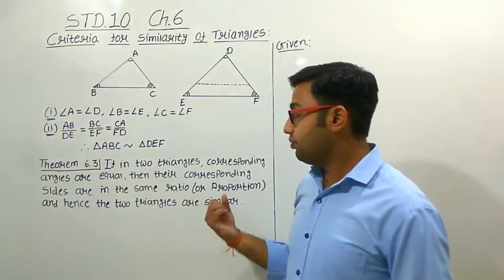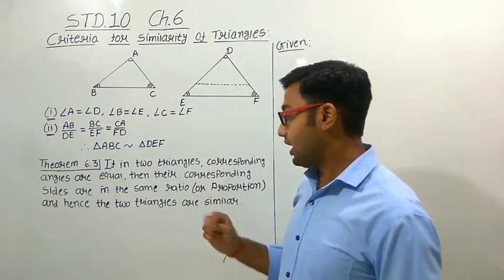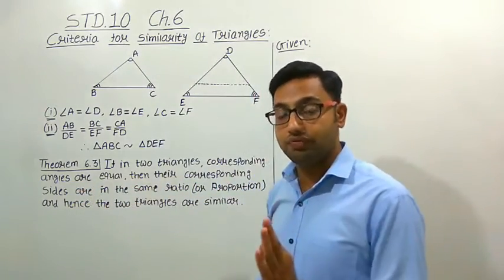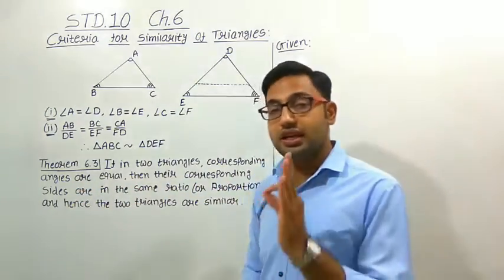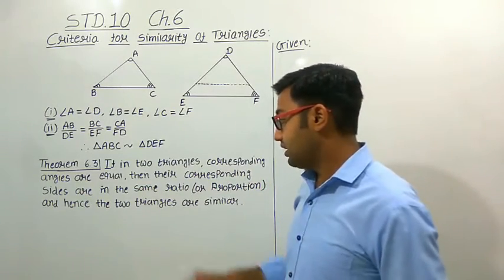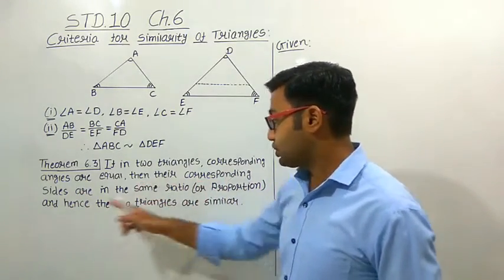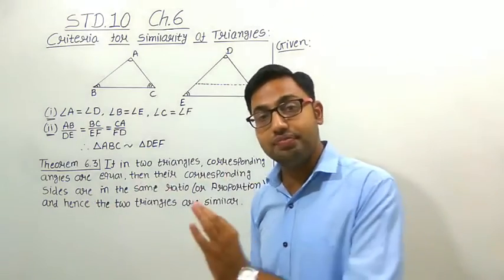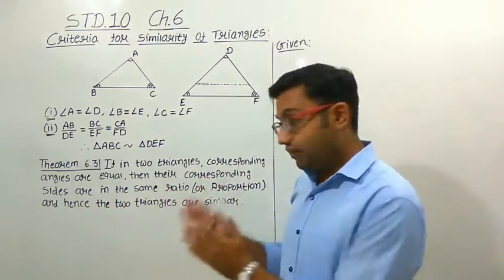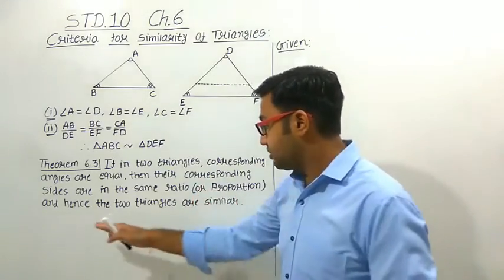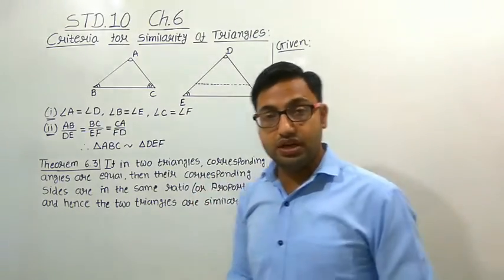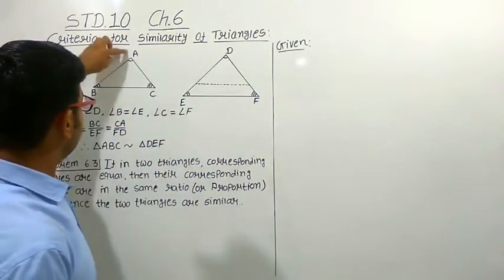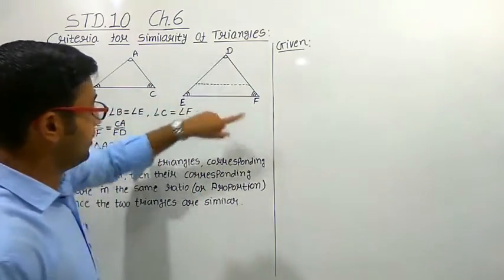So here it is given that two triangles are there and their corresponding angles are equal. That means all three angles are given equal. We have to prove that the corresponding sides are also in the same proportion, and if we can prove this, we can say that the two triangles are similar. Here we are considering these two triangles ABC and DEF.